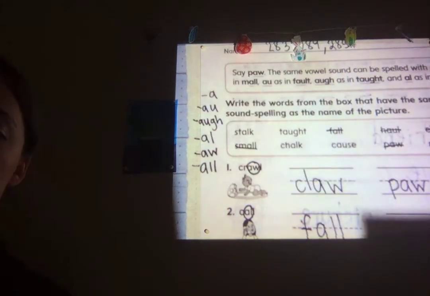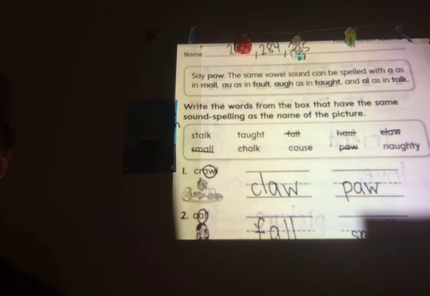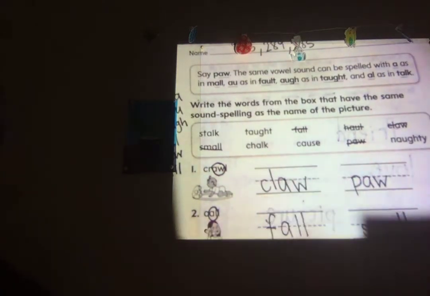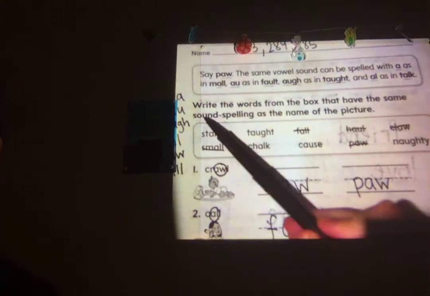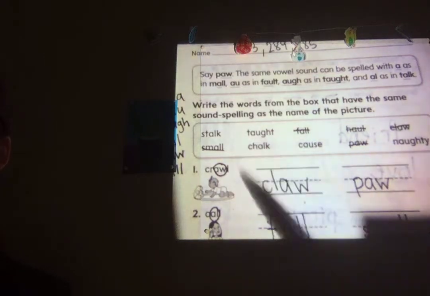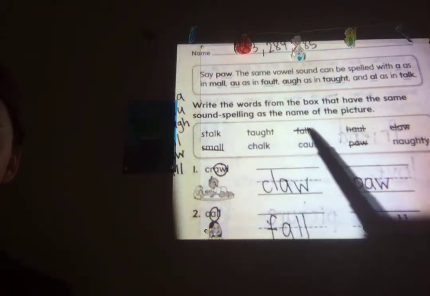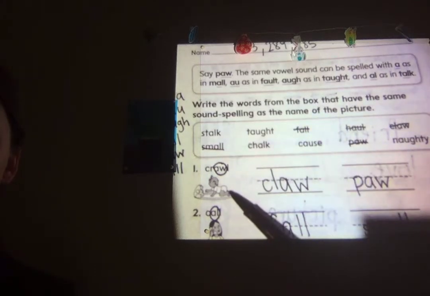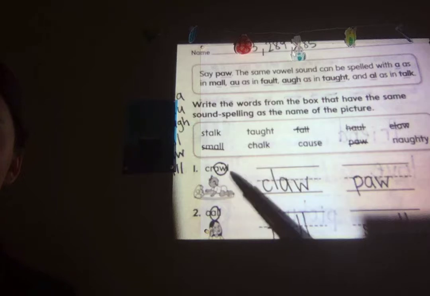All right, so here's the instructions. Now listen carefully, and if you don't get it right away, that's okay because I did a couple of examples for you, but listen carefully and see if you can figure this out. It says, write the words from the box that have the same sound spelling as the name of the picture. So for example, the first name of the picture is crawl.